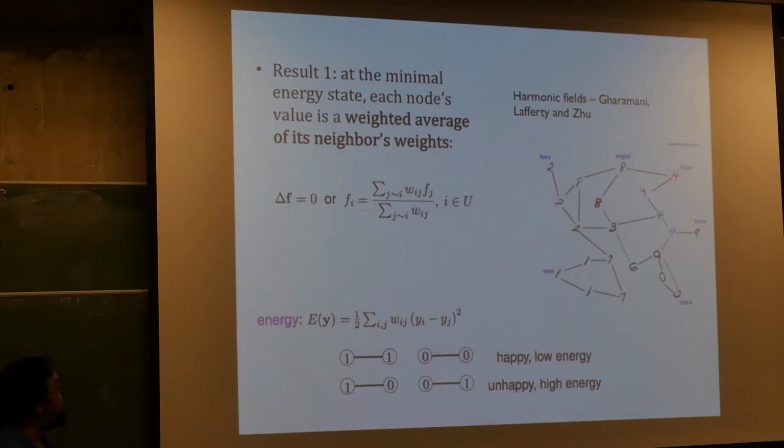Maybe all the other seeds have a known value of 0, and then these other ones have an unknown value. So we can start with some random starting point, and we do a gradient update, and what we're doing in our gradient update is moving each node toward the weighted average of its neighbors. And then we basically repeat that.